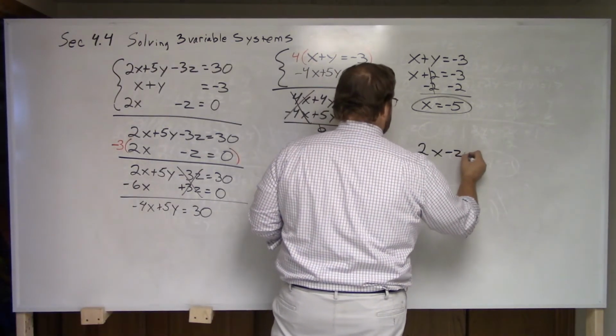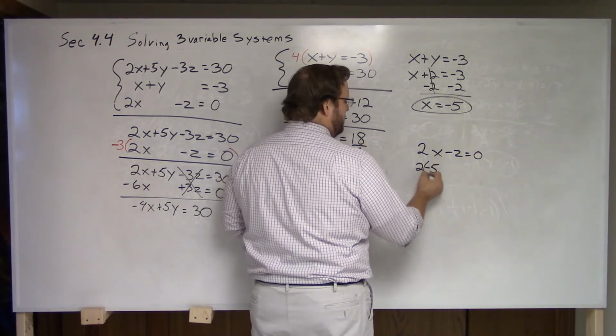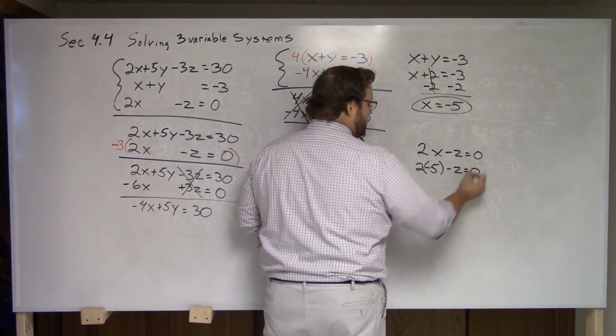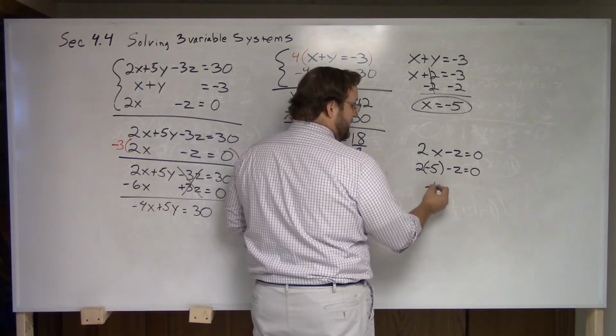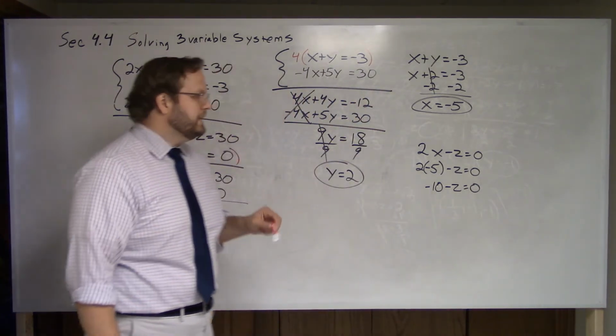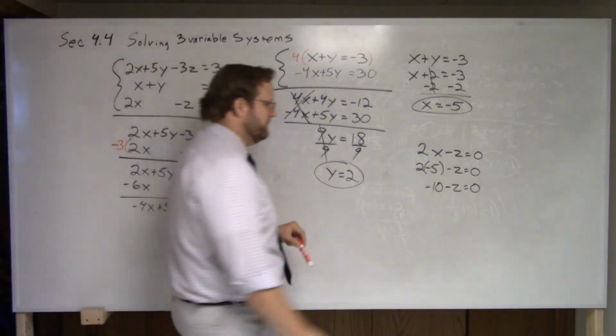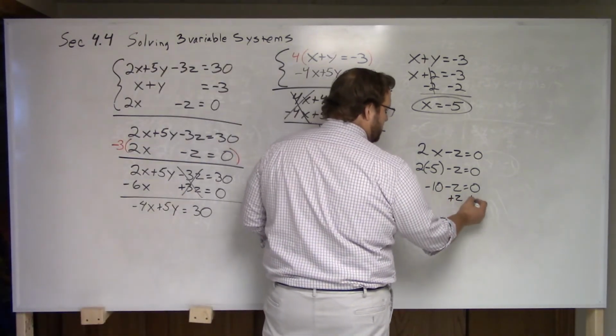So I'm going to have 2x minus z equals 0. So 2 times negative 5 minus z equals 0. That's negative 10 minus z equals 0. Now, normally we would add the 10 but then divide by the negative 1. Here's an alternative. I could just add the z.